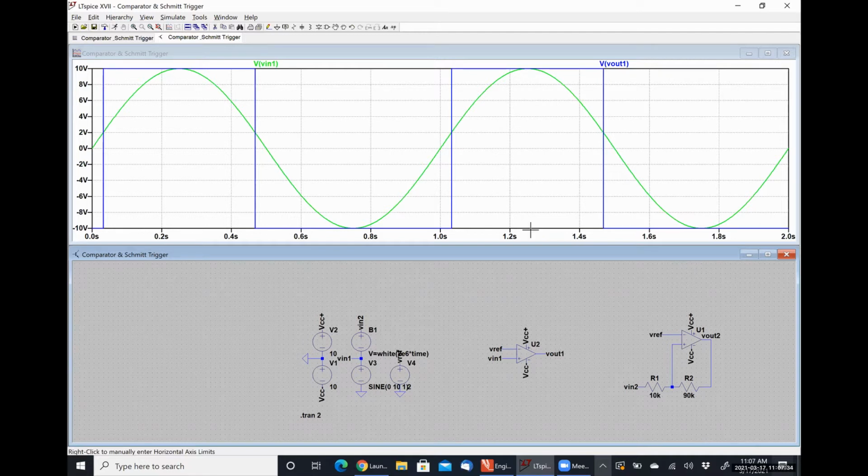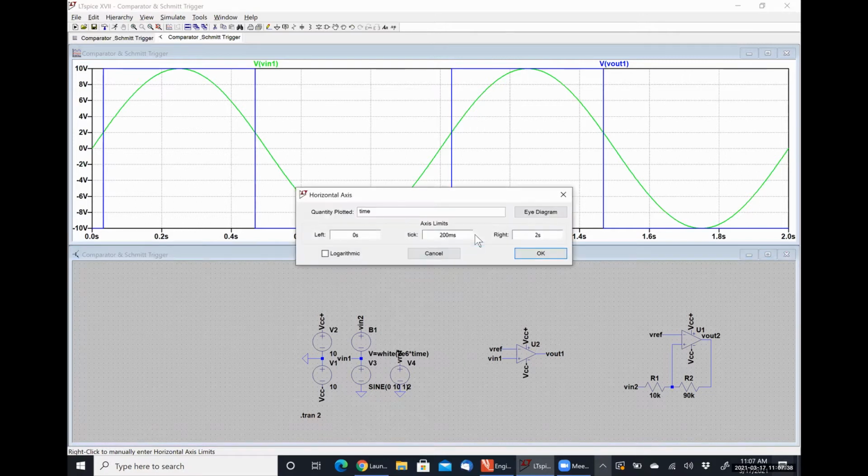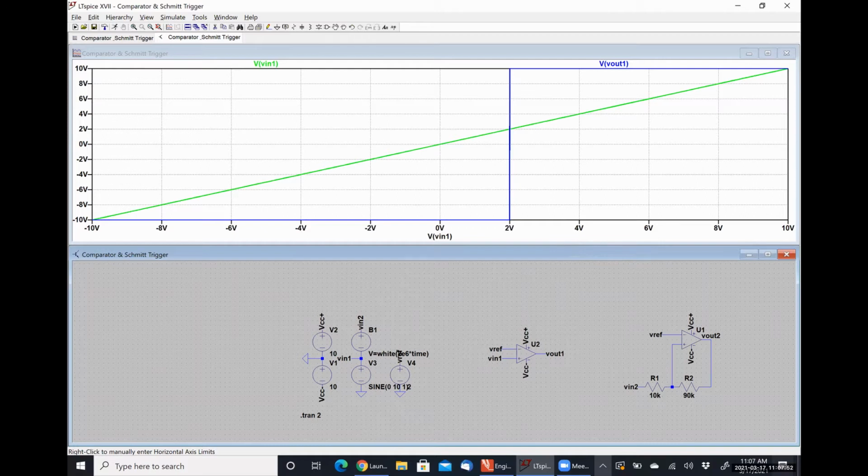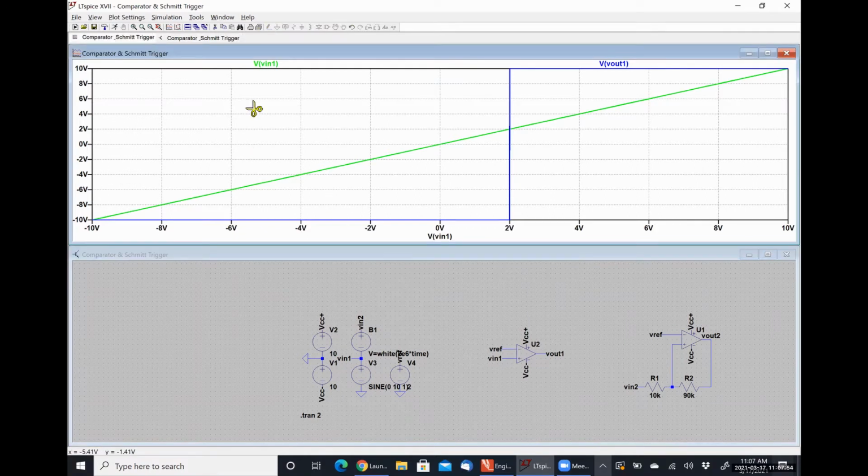So to change my dependent variable, if I right-click on the x-axis, I can literally type that instead of plotting this versus time. I want it plotted versus the voltage at Vn1. And in doing so, let me get rid of VN1.